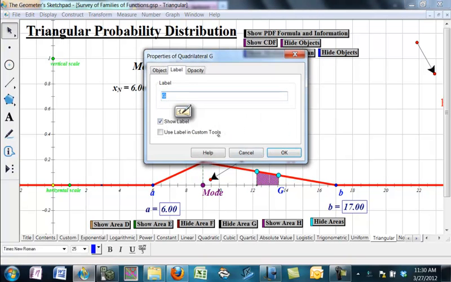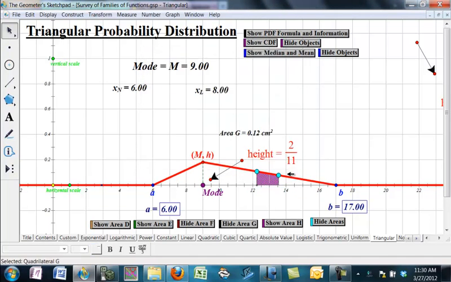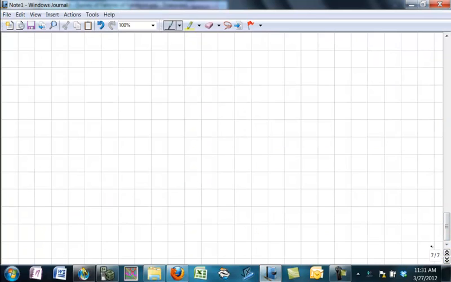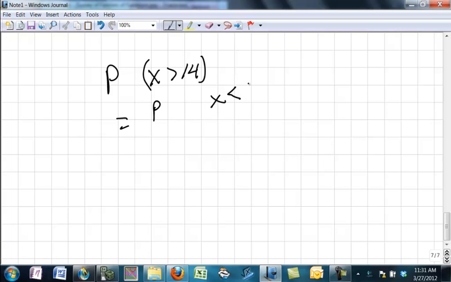We want greater than 14, so basically we should say it's between 14 and 17, right? So the probability that x is greater than 14 is the probability that x is between 14 and 17, because there's nothing to the right of 17.